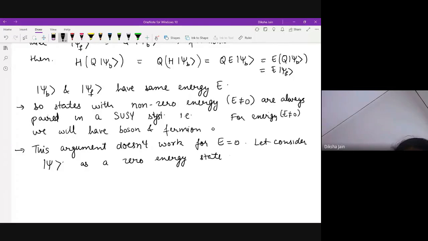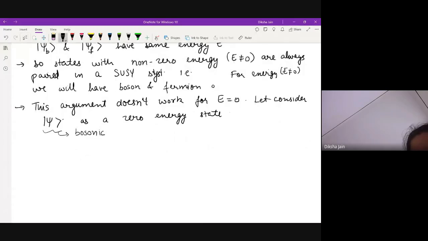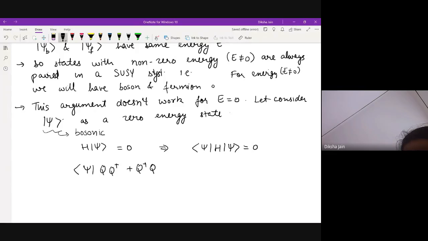This can be either bosonic or fermionic; for the moment let me say that it's bosonic, but if it was fermionic, the same argument would work. So with a zero energy state, H acting on psi is 0, which implies the expectation value of H in psi is 0. Now H I can write as Q dagger Q plus Q Q dagger, because H was the anti-commutator of Q and Q dagger.